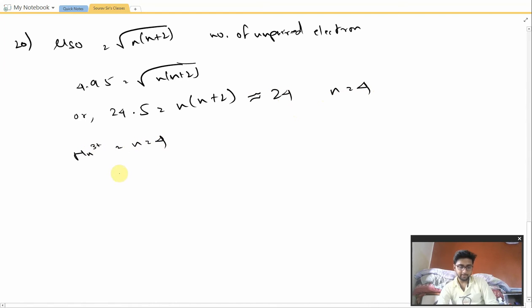In a similar way, let us calculate for Fe3 plus. The value is given to be 6.06. So 6.06 into 6.06 is equal to 36.7, which is equal to n into n plus 2 approximately.